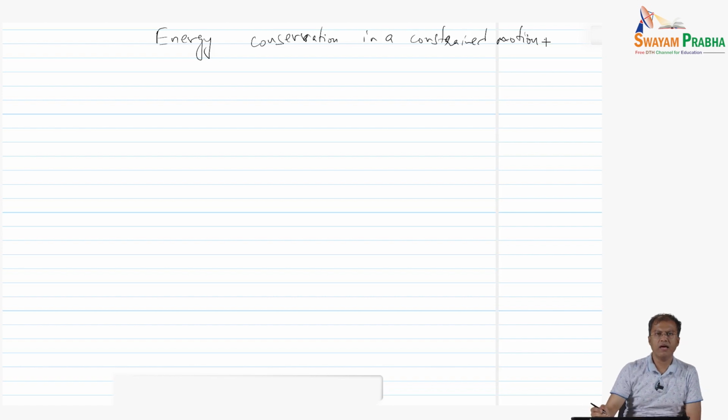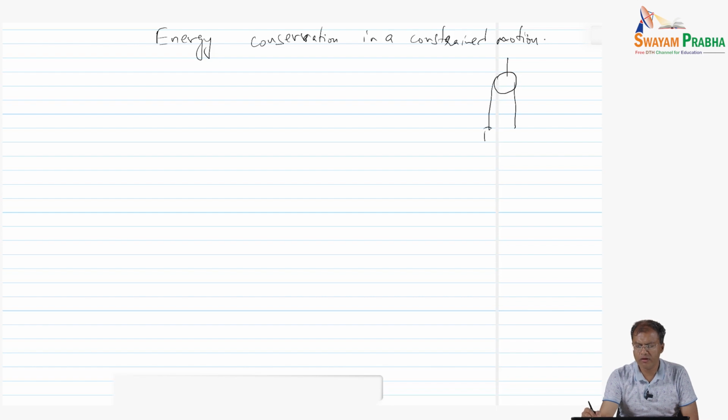For example, we saw the pulley-string system, where the masses were moving along the pulley and were attached to a string. This is a case of constrained motion, where the particles move under the action of the tension in the string.